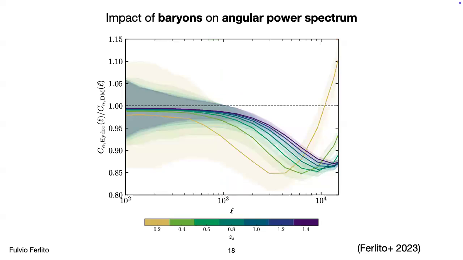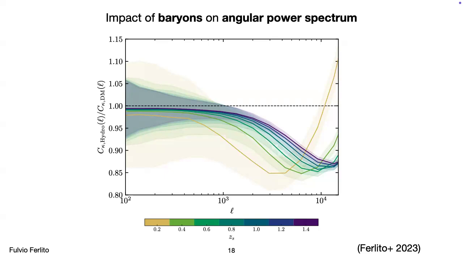This is the ratio of the power spectrum in the hydro versus the dark matter only case. This is the angular power spectrum, with the angular number L. We see that the effects become larger and larger as we move towards smaller angular scales, and the upcoming surveys will really start to go into this regime, so we need to properly model what happens there.